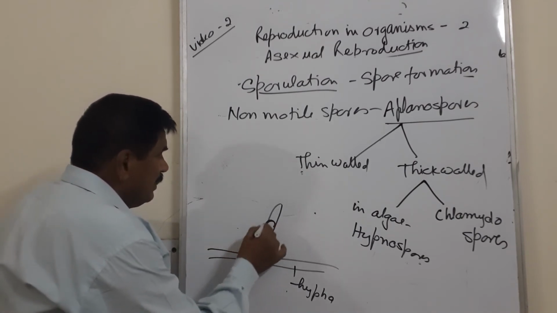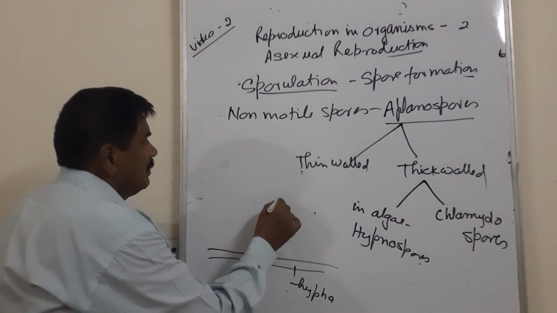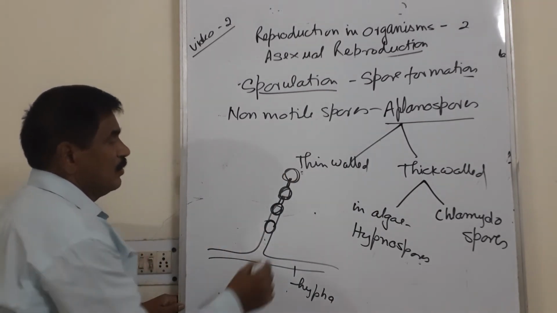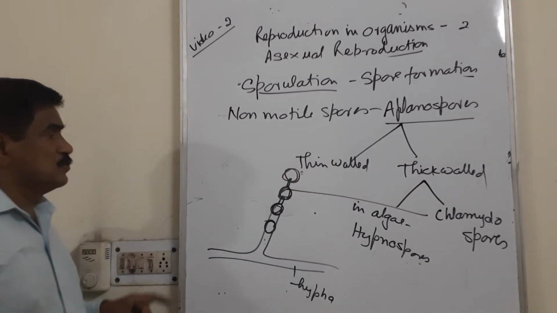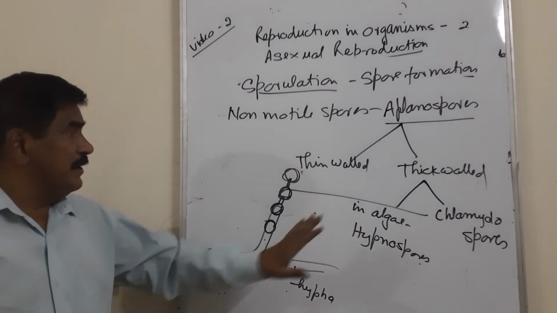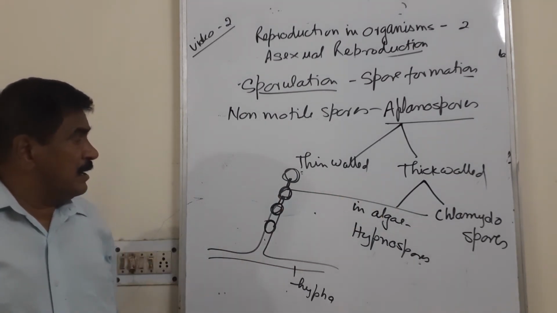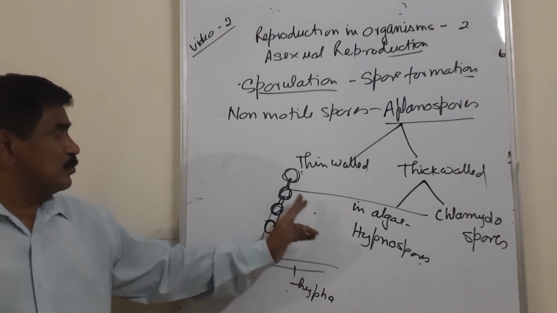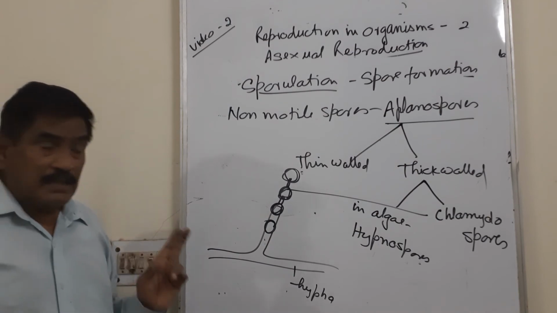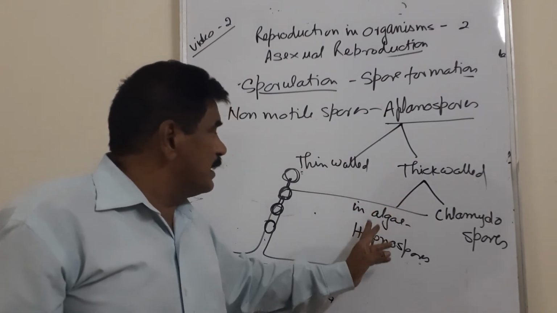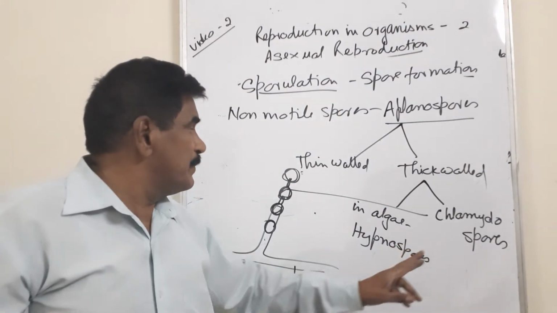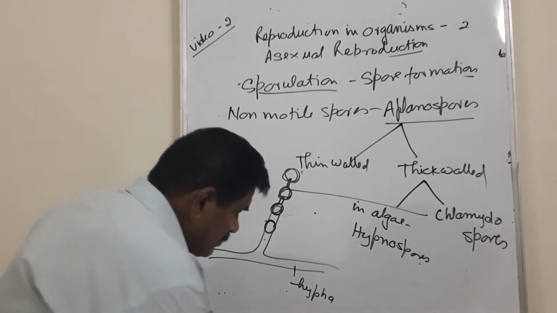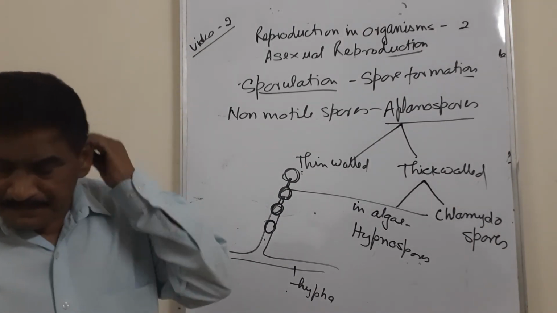So here, in this branch, the thick wall spores are formed. They are called what? Chlamydospores. So chlamydospores are produced in fungi, and hypnospores, thick wall spores, are produced in algae. So thick wall resistant spores can be formed in different types of organisms, say hypnospores in algae and chlamydospores in fungi.